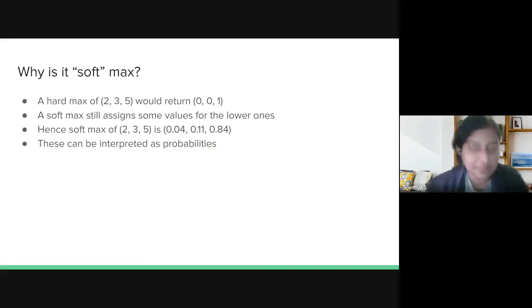So now that we have an idea what's the difference between sigmoid and softmax, let's explore why softmax is called softmax. A hard max of 2, 3, and 5 would return 0, 0, 1. So it's basically the maximum of this vector. Softmax, on the other hand, still assigns some values for the lower ones. If you compute using the formula I have given, the softmax of 2, 3, 5, you'll get 0.04, 0.11, 0.84. So still this is the maximum, but it is giving some value to the other two. So these can be interpreted as probabilities.